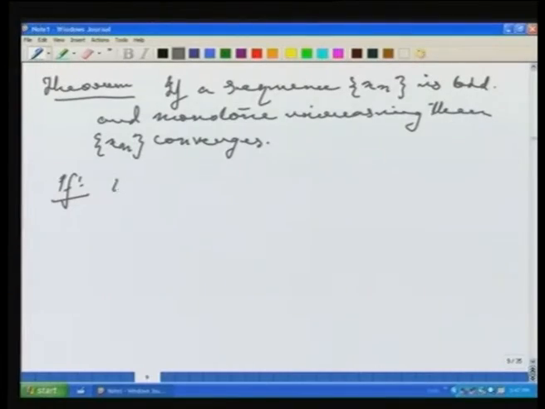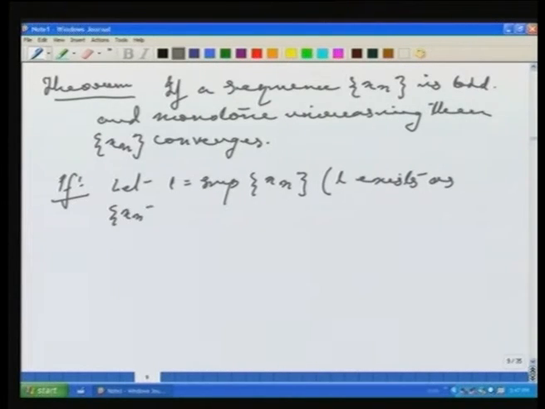Let L be the supremum of x n. In the bracket I will write, L exists as x n is given to be bounded.